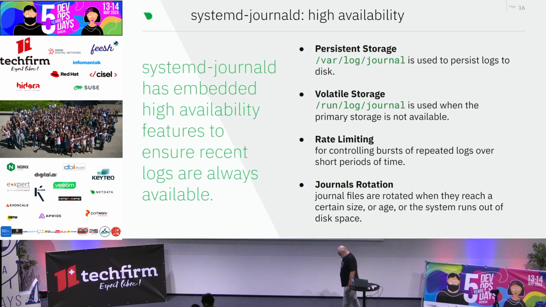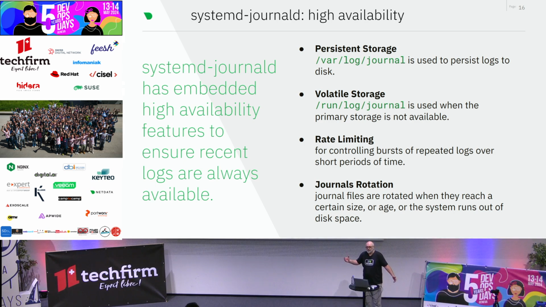It has persistent storage and volatile storage. So logs can be committed to disk or logs can be committed to RAM. And this is actually how it works at boot. When the system boots, systemd journal commits to tmpfs until it mounts everything and then moves the logs to persistent storage. The same will happen if, for example, a disk vanishes.